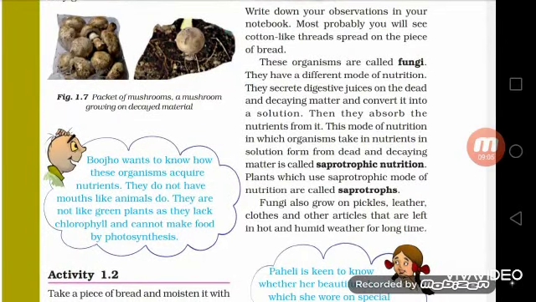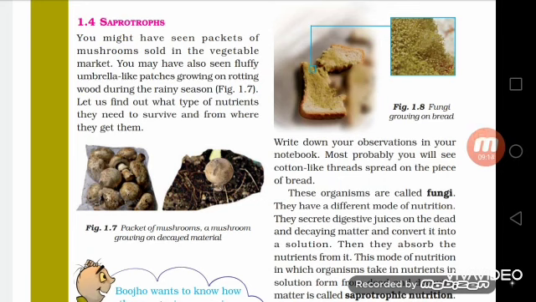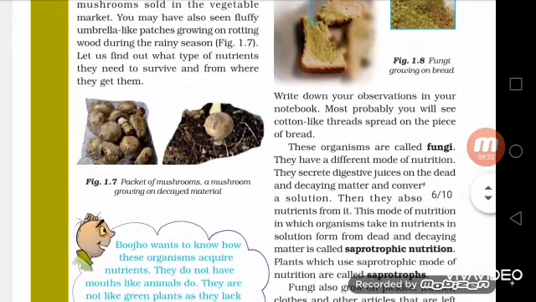Fungi also grow on pickle, leather, clothes and other articles that are left in hot and humid weather for a long time. So saprotroph is clear to everyone. Saprotrophs are the organisms which take nutrition from dead or decaying matter.